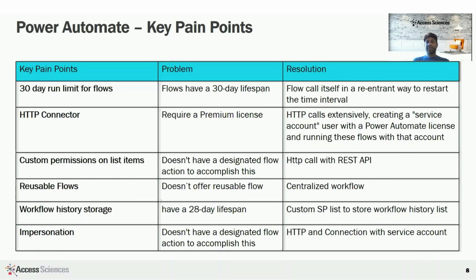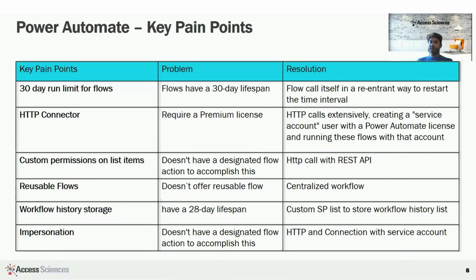And we said, whenever you need it, just set up one simple workflow, pass the parameters, and call this centralized workflow, and the centralized workflow will take care of everything.